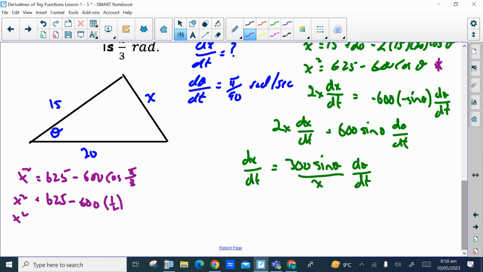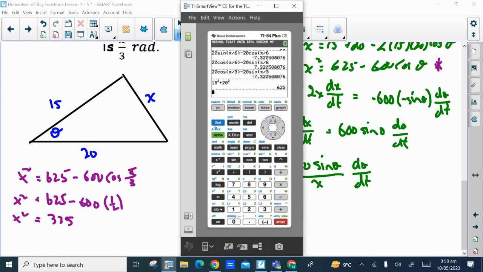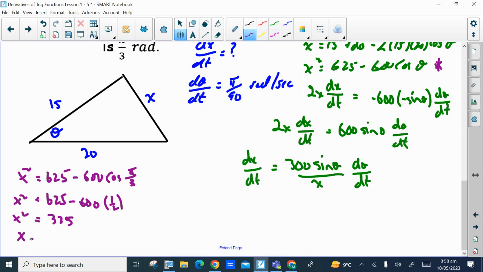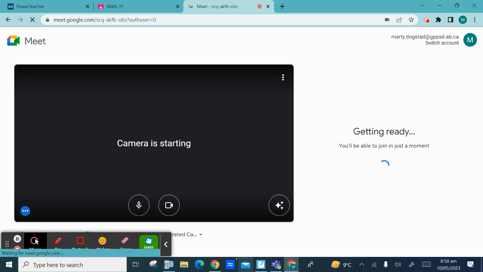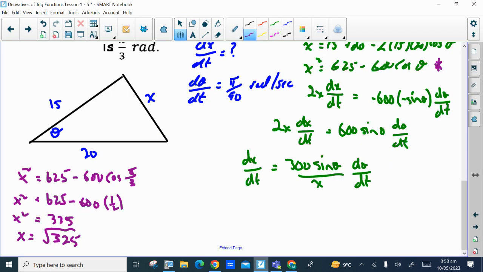Half of 600 is 300. 625 minus 300 is 325. And then we can take the square root of that to get x. So the square root of 325. It's going to be an irrational number, so we'll just leave it as root 325. So that's what x is.